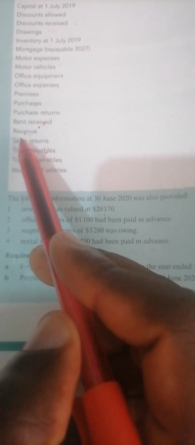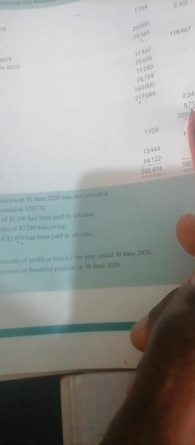Then we have rent income. I hope it's only those two. Where is rent income? Yes, rent received, which is 8,712.